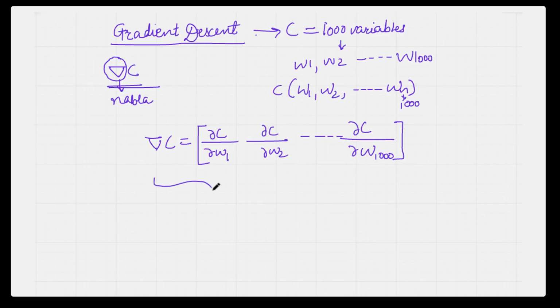Does this look familiar? Yes, it's just a vector with 1000 values in it because my input is 1000 dimensional. So nabla c is just a collection of 1000 partial derivatives. This becomes my first entry and this goes till w1000. The gradient gives us mastery over the once beastly cost function.